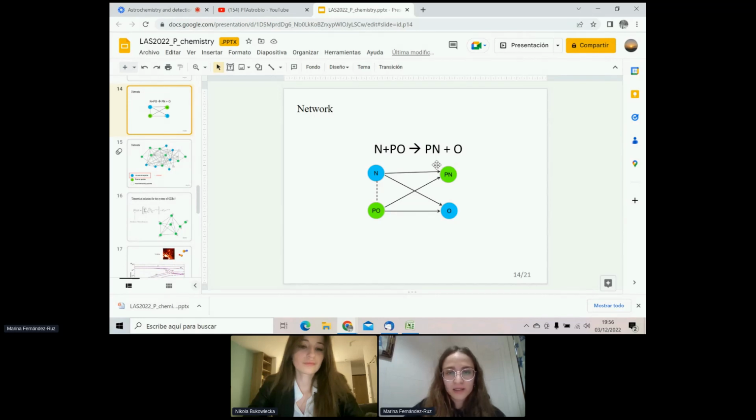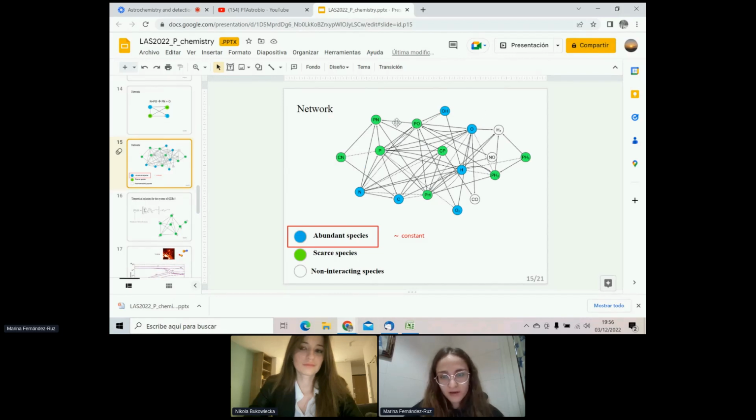So every reactant is linked to every product of the reaction. And then we also link the two reactants, because this represents that the two reactants are needed for the reaction to occur. So with that, we have the chemical network, joining all the chemical reactions.